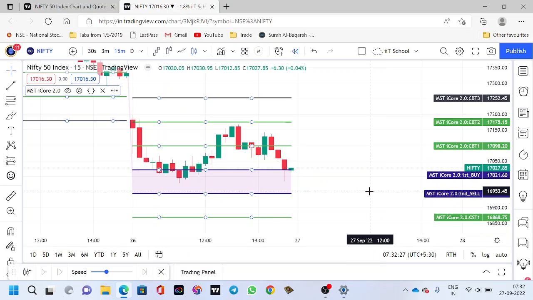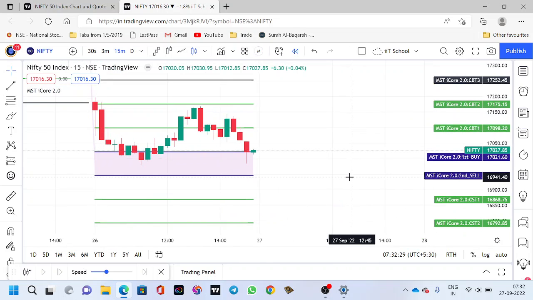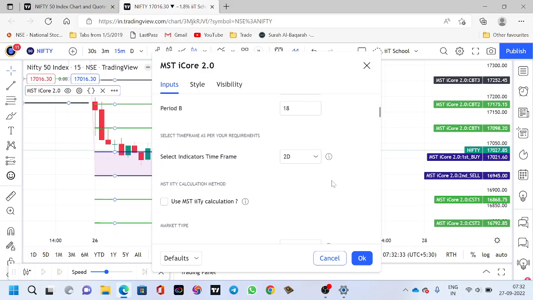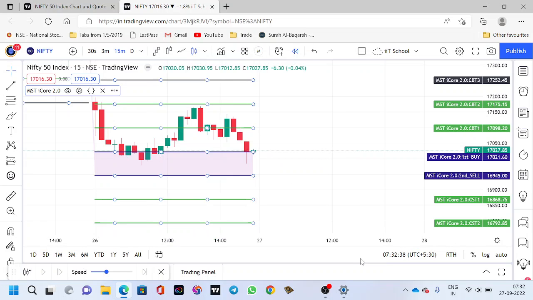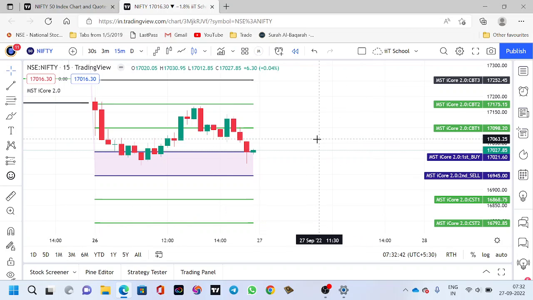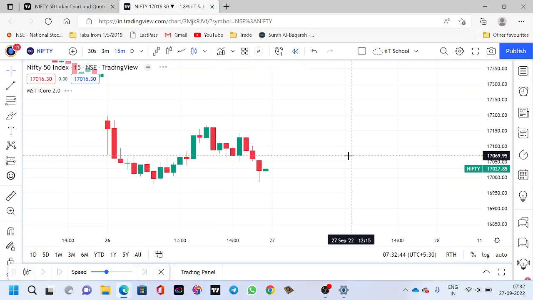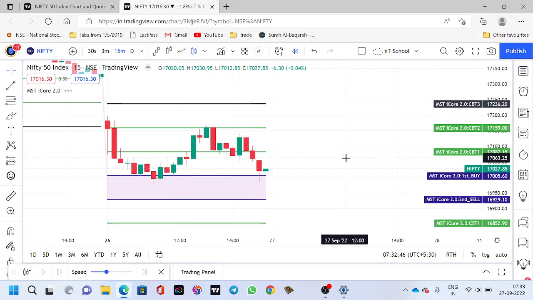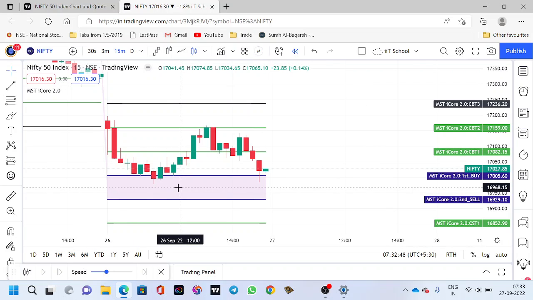Either you can keep it in 2D or sometimes you can keep it in 3D. So now perfectly we got the entry a little later.